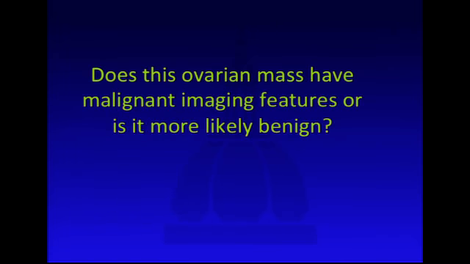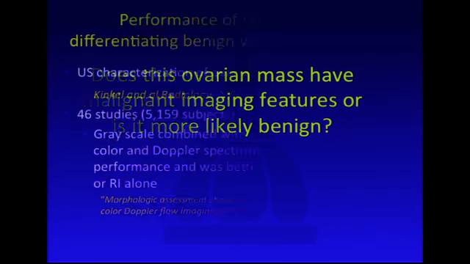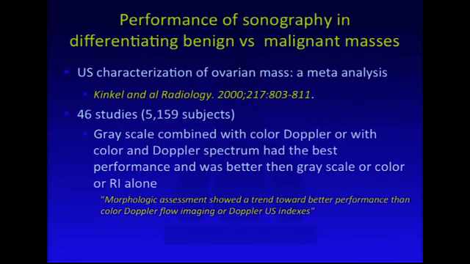Now, let's answer the next question. Does this mass have malignant imaging features, or is it more likely to be benign? So there are several papers, and I'll just mention them very briefly, looking at meta-analysis of multiple studies. And the conclusion is that the performance of sonography to differentiate benign from malignant mass is actually very good.